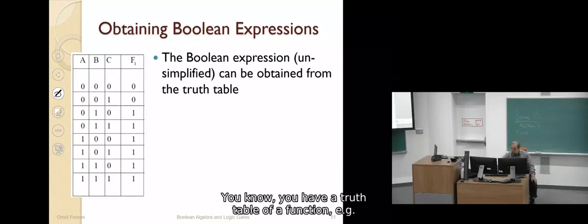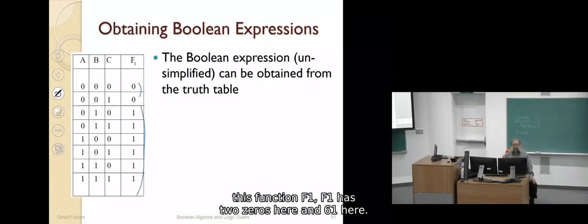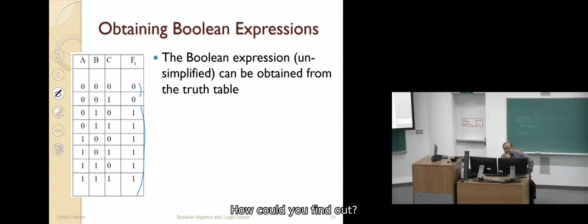You know, you have a truth table of a function. For example, this function, f1. f1 has 2 zeros here and 6 ones here. What would be the Boolean expression of this function? How could you find out? Yes, please.